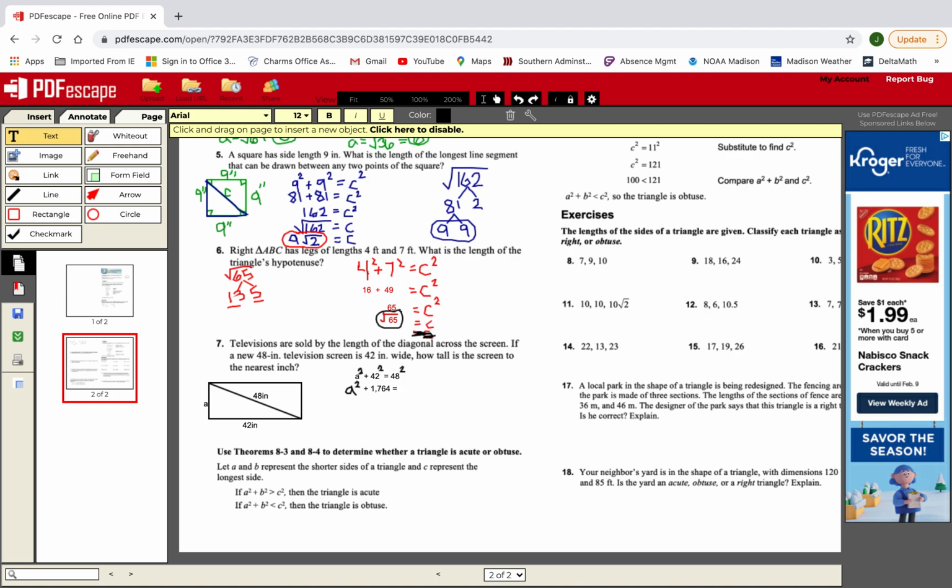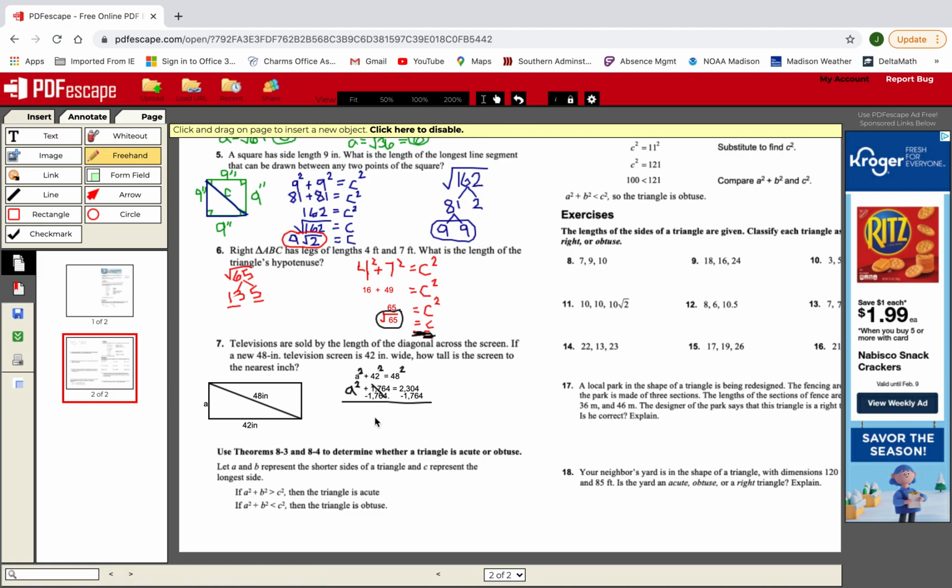That equals 48 squared. 48 times 48 equals 2,304. So our next step then would be to subtract 1764 from both sides. Subtract 1764, okay? And then I end up with, let me draw a line here.